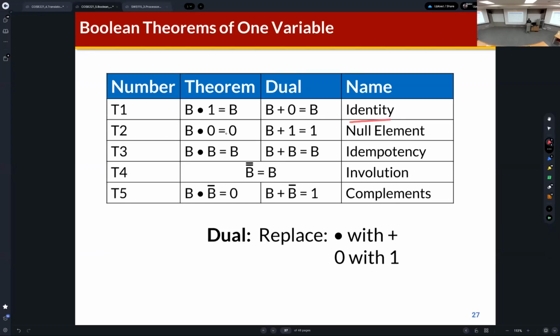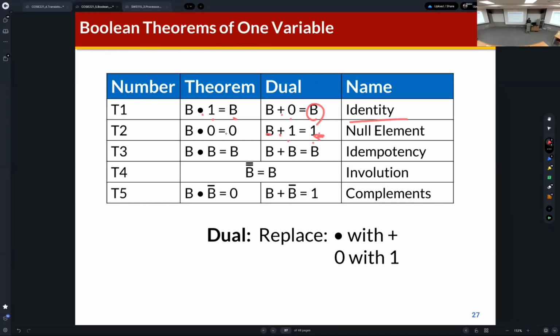Also, we can find the dual of these theorems, right? So for identity, B and 1 equal B, the dual of this theorem is B or 0 equals B. Obviously, right? And then B or 1 equals 1. It means if we use 1 for one of the inputs of the OR gate, then it will always generate 1, right?